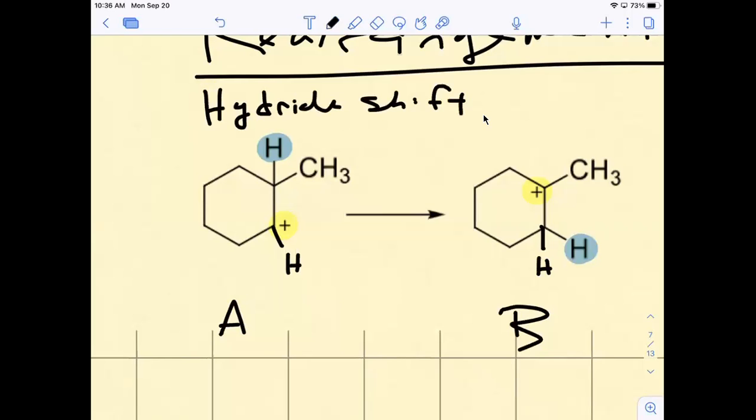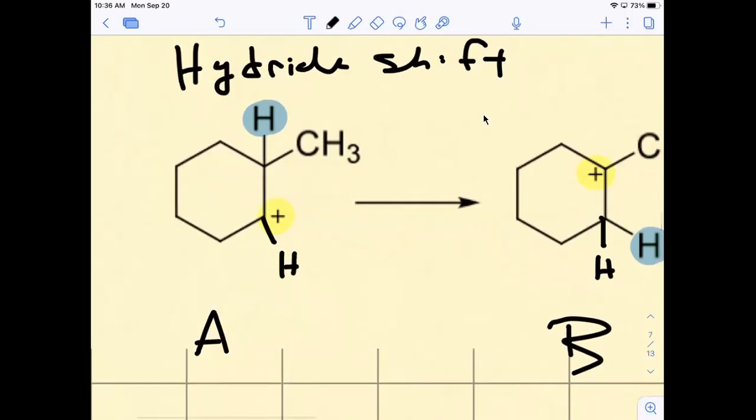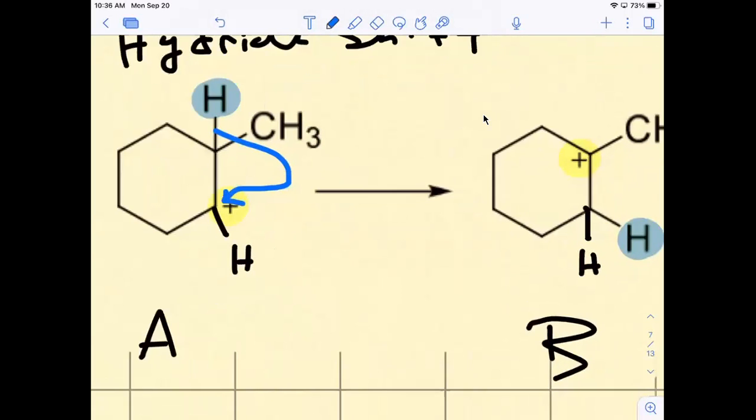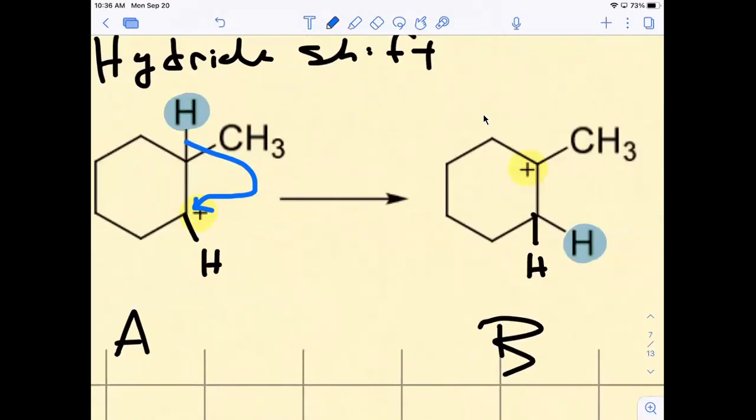So what I'm going to do is take hydrogen and both of its electrons and move them to this carbon. And so that's how that hydrogen gets shifted down. And then up top, you can see that carbon became positive because I took electrons away from it.